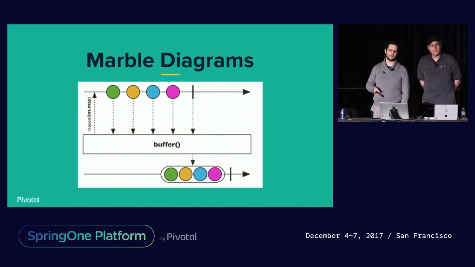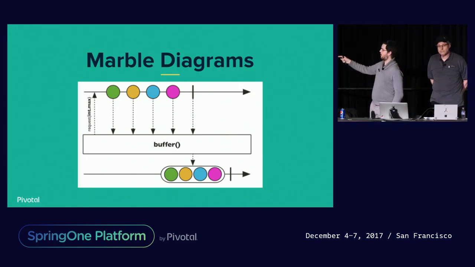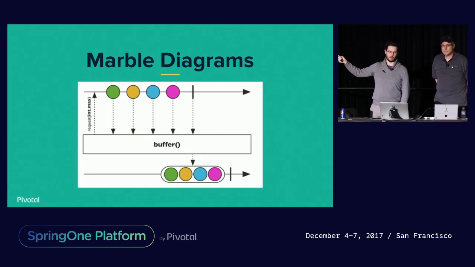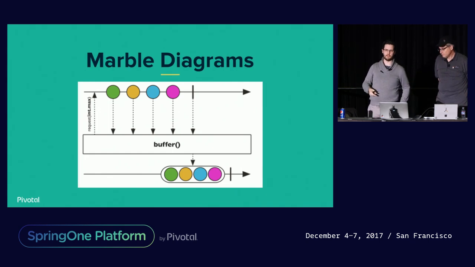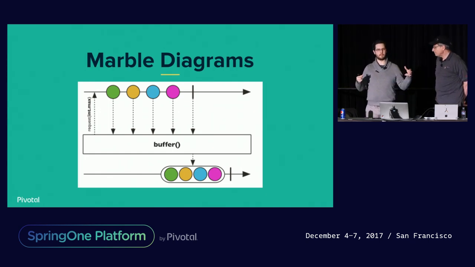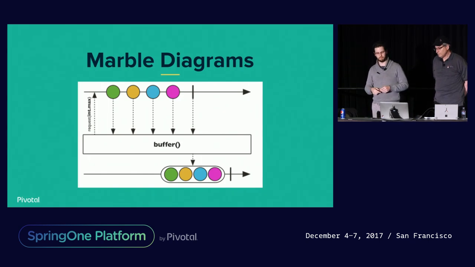The vertical bar is an on-complete event. It's the end of the sequence. And then you see how, for instance, this is from the Java doc of the buffer operator. Once you apply the buffer operator, it will take the elements from the source, aggregate them into a buffer, and emit that buffer at the end. So it's a way to visualize operators in the Java doc, notably, to get a better sense of what it does.